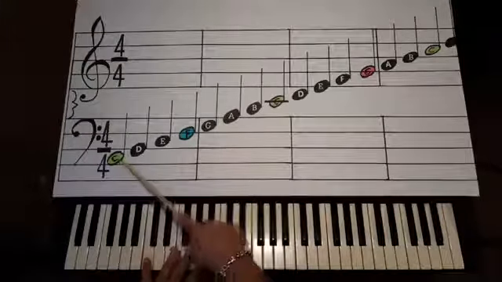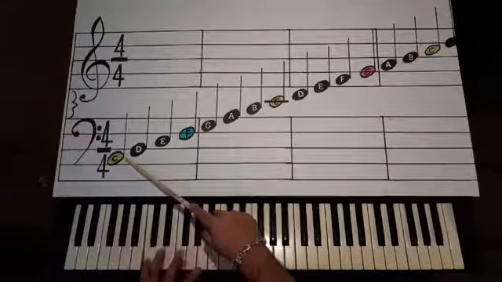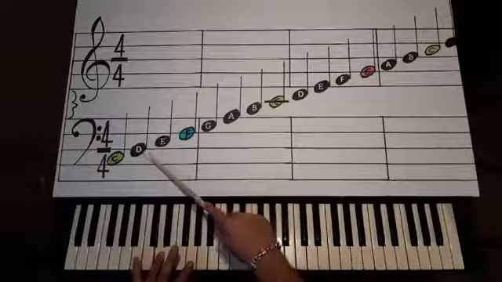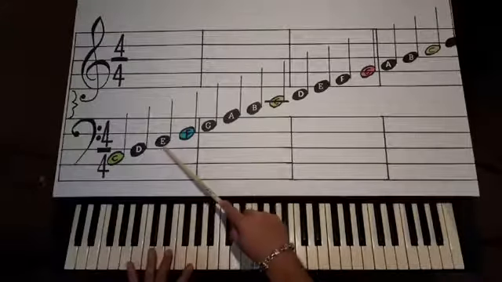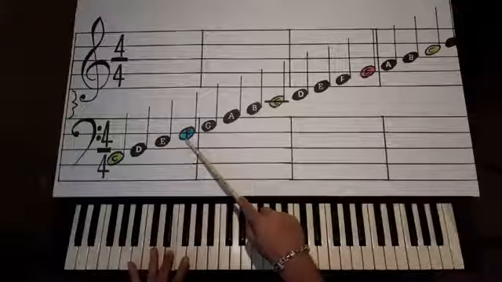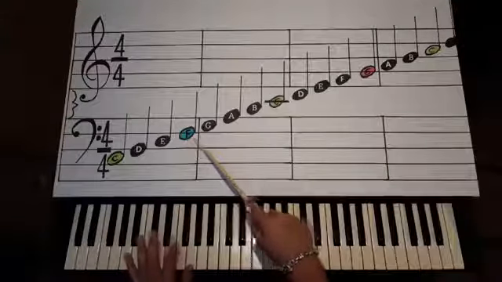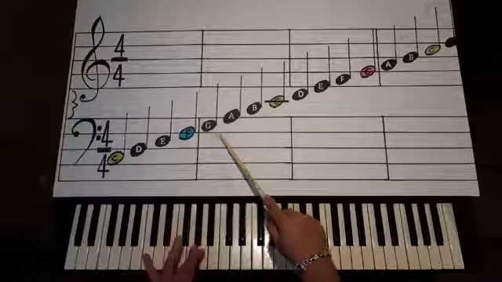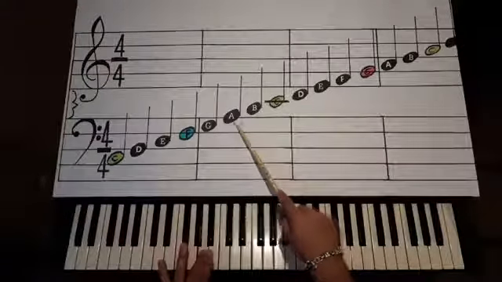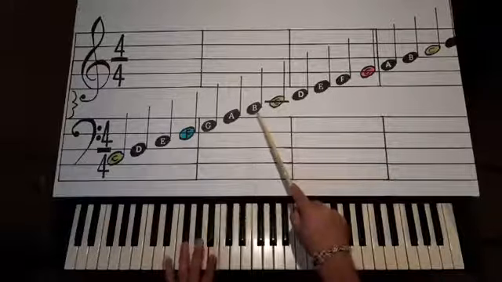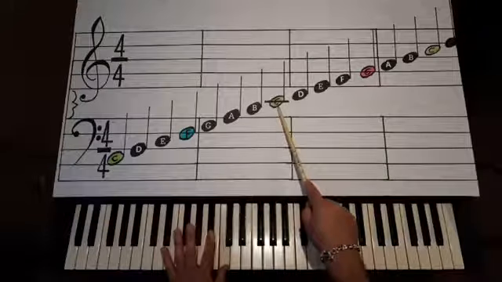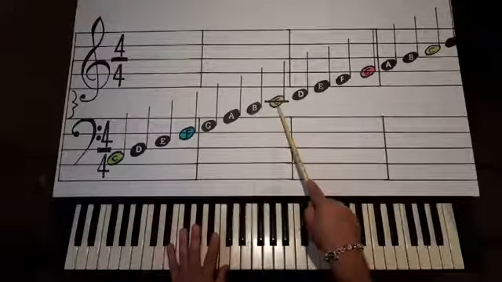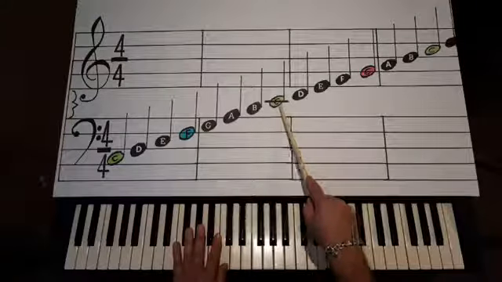So right here. So we got C, D, E, F, G, and then we come over with the middle finger, A, B, C. Okay, that's with the left hand. Now I'm gonna go back down.